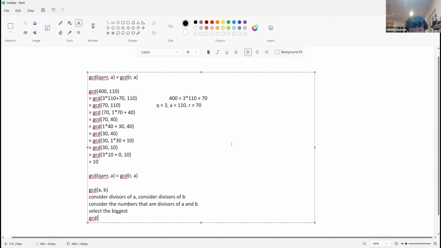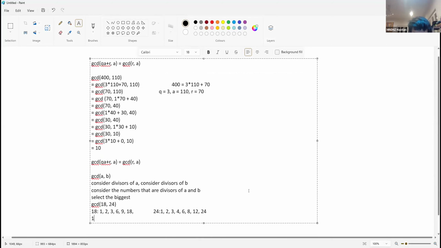For example, the GCD of 18 and 24. The factors of 18 are those, and the factors of 24 are those. Then we select the common ones, because we want the greatest common divisor, and we take the biggest one, so that's 6.